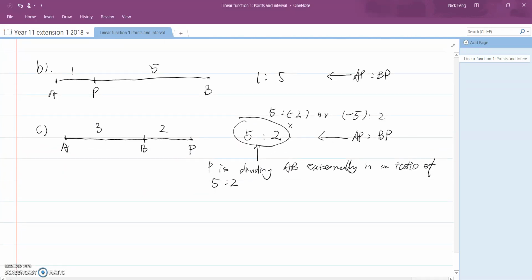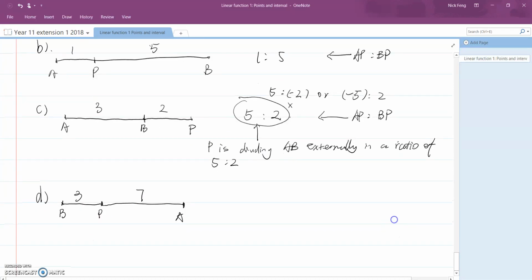Let's take a look at one more. What happens if I start with B in here and P in here, and that's 8, that's 3, and that's 7. Remember, P is still in between A and B, so this is still an internal division point.